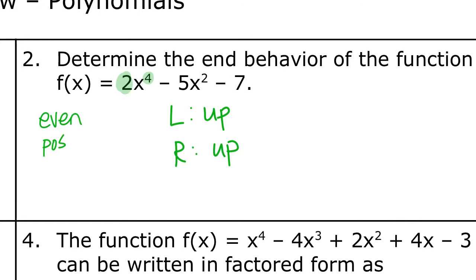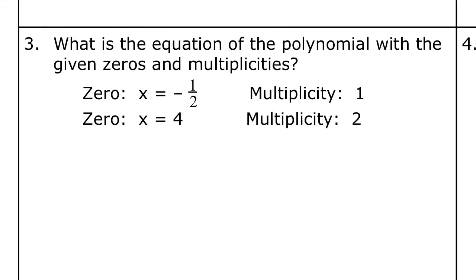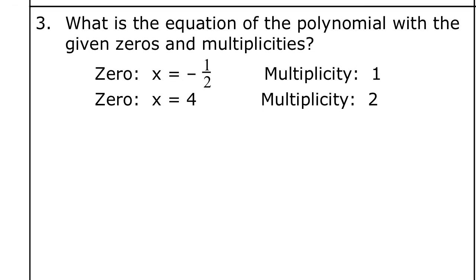Okay, our next problem. What is the equation of the polynomial with the given zeros and multiplicities? So what we're going to do is work backwards. Each zero, I want to turn it into a factor. So let's start with x equals negative 1/2.